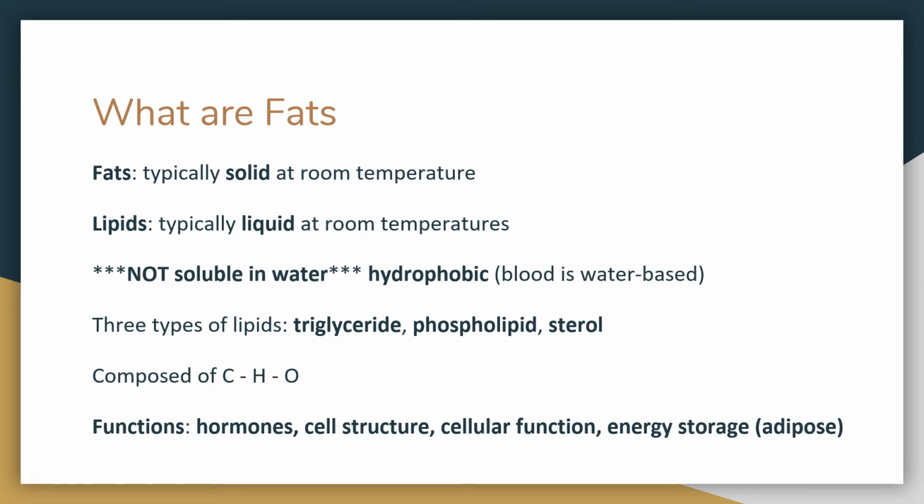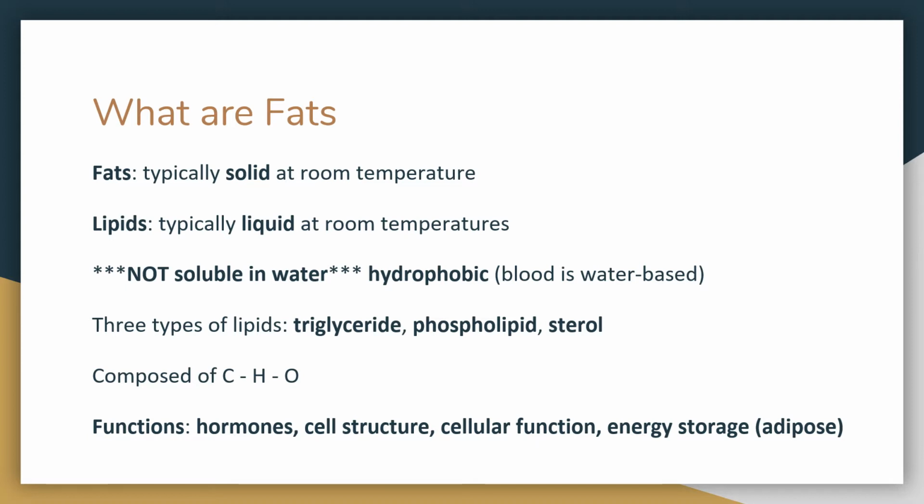So just a little background on fats and lipids. The term lipid is often used synonymously with fats. For our case, we're going to use lipid to refer to those types of fats that are liquid at room temperature. And for our purposes, when we talk about fats, we will typically refer to fats that are solid at room temperature.